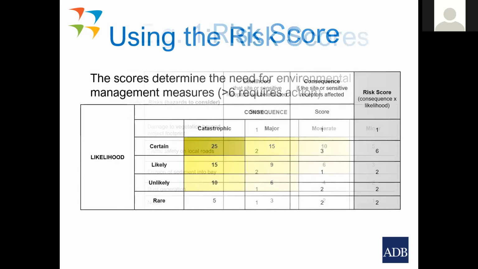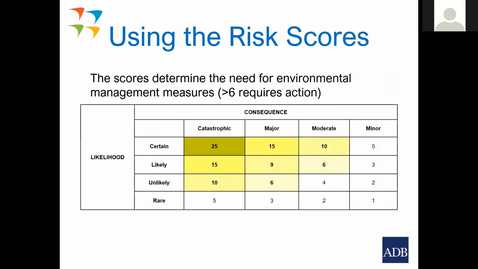And then using the risk scores, here we have all the possible risk scores you could have. The highest risk score would be catastrophic and certain, which would be a score of 25, and the lowest score would be 1, minor and rare.